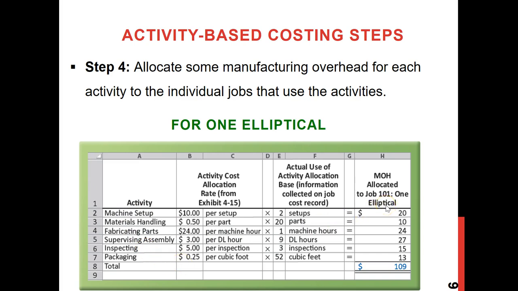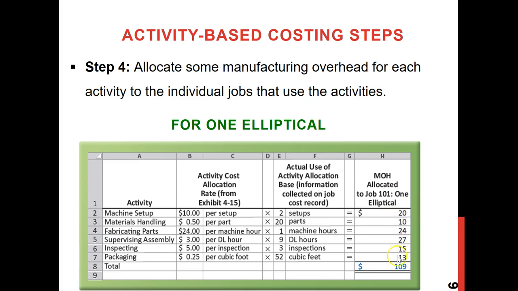So to produce one elliptical, machine setup activity requires $20. Material handling activity costs $10. For inspection purposes, it costs $15. So now we know the cost for each and every activity to produce one elliptical.